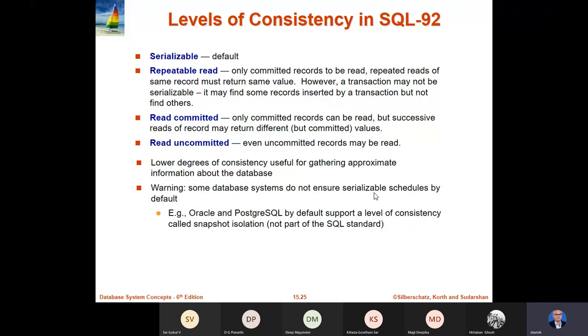But as it says, a transaction may not be serializable; it may find some records inserted by a transaction but not find others. So as I said, while this read is repeated by T1, if T2 has added another account 1001 with a new balance, then in the second read this will show up, and not in the first.